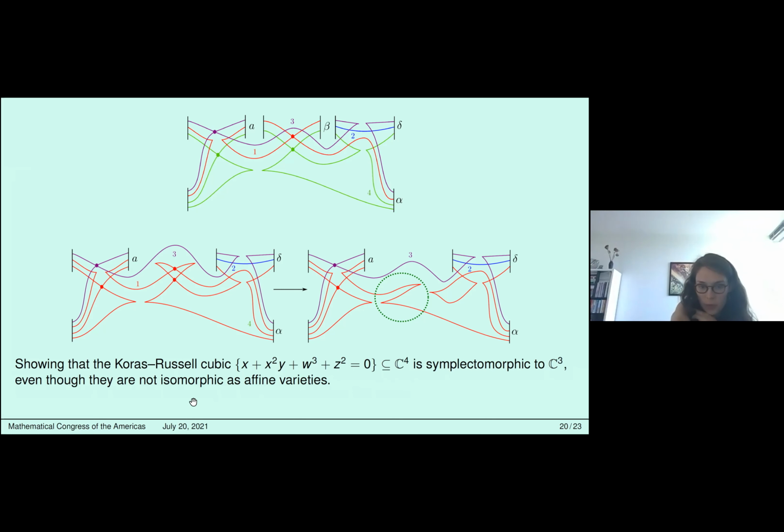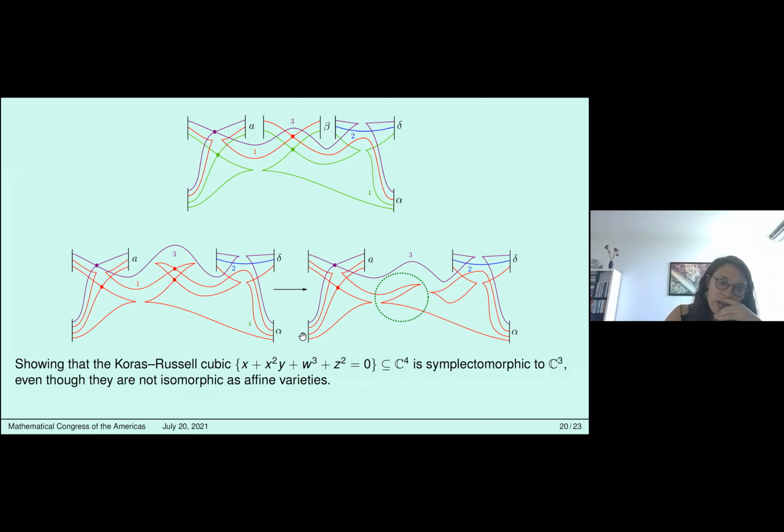This is a Corus-Russell cubic, some hypersurface in C4. It's famous, it was studied by Corus and Russell because it's diffeomorphic to R6, but it's not algebraically isomorphic to C3. So we were able to show that, in fact, it's symplectomorphic to C3.